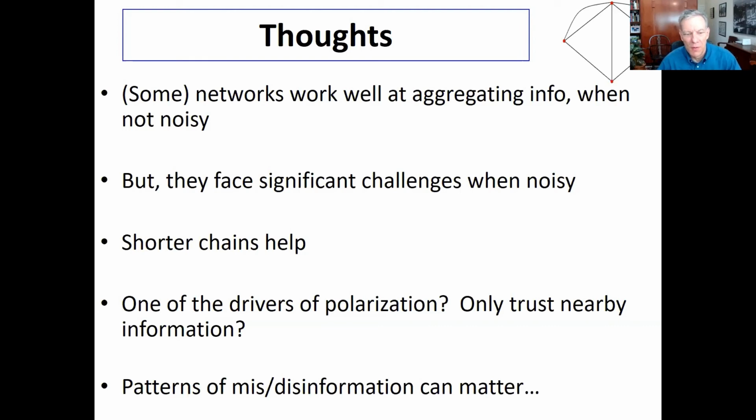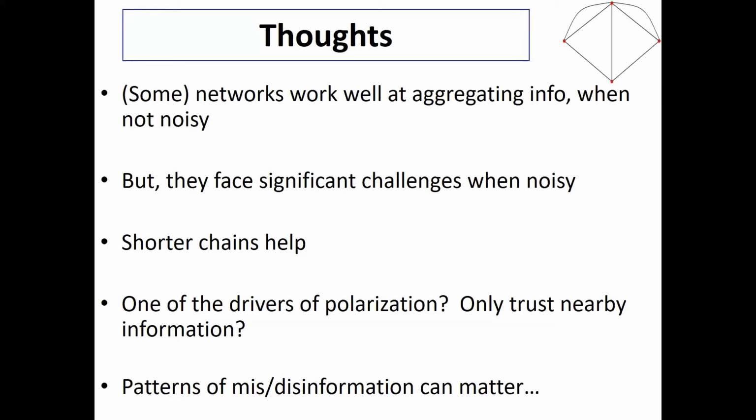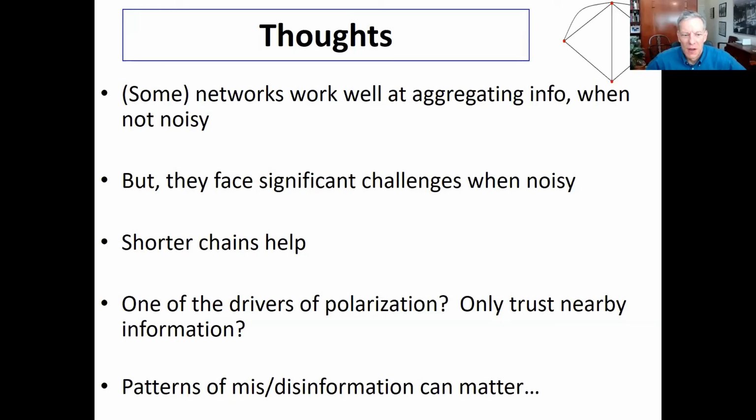One interesting aspect that this points to, and an important next step in this kind of modeling, is that we want to structure these networks to be small. So we want to cut the distances, and we want to limit how expansive the networks are. But that could also drive polarization. People would only be listening to people that are close by.